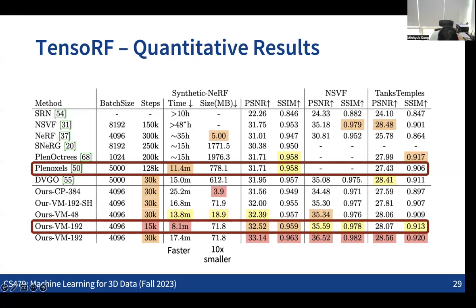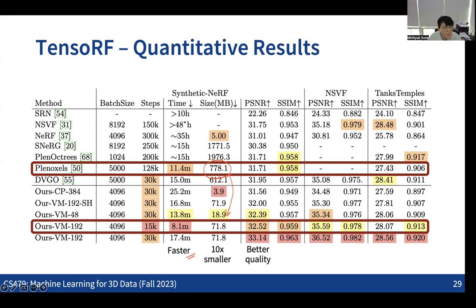In the Plenoxels case, the size of the parameters was more than 700 megabytes. Using this kind of compression, we could compress the size of the parameters to almost 70 megabytes, which is almost 10 times smaller than the Plenoxels representation, which also results in much faster optimization and rendering, while also achieving even better quality in the rendering. So this is one way that we can compress all the information encoded in these voxels.